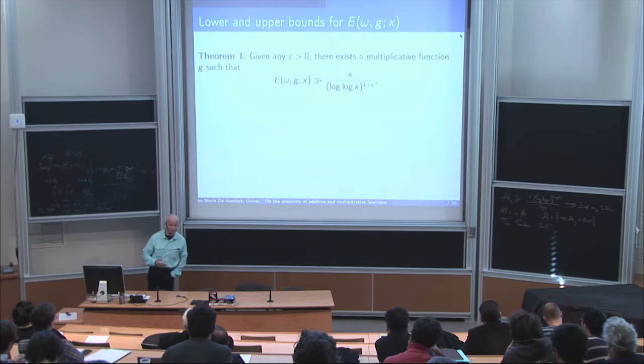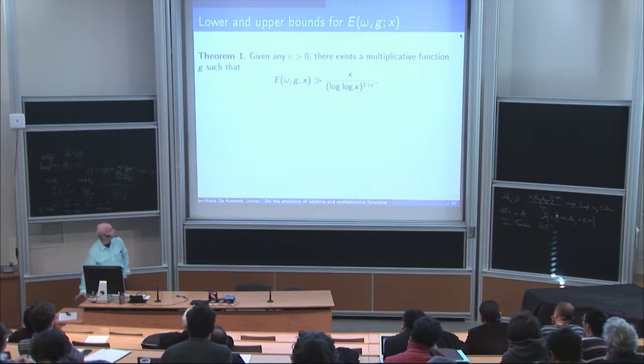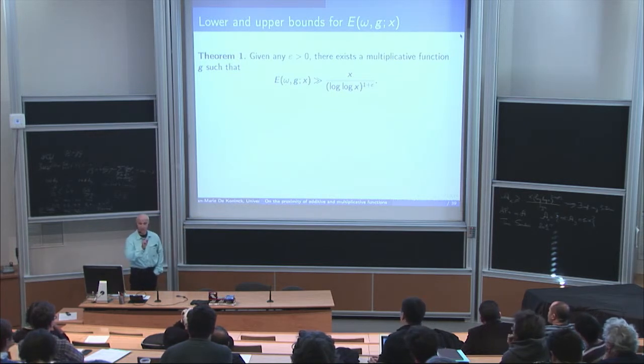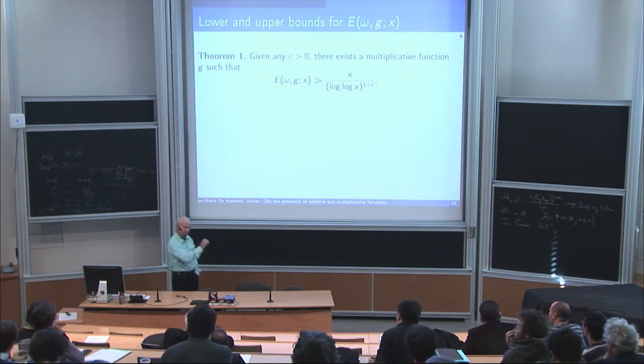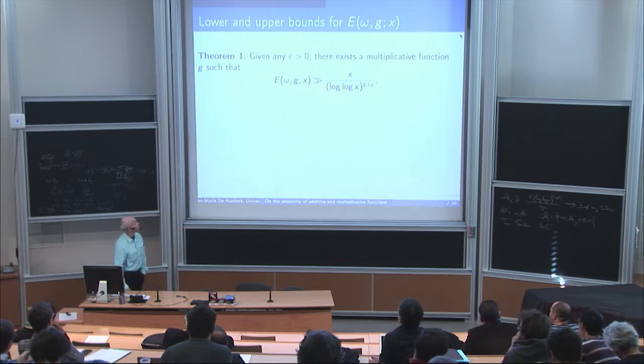Remember, we had just x over log x before. Now we have x over log x to the power 1 plus epsilon. I can get rid of the epsilon later on, you will see, but I will have to put a slowly increasing function beside the log x, nevertheless. We will see this later.